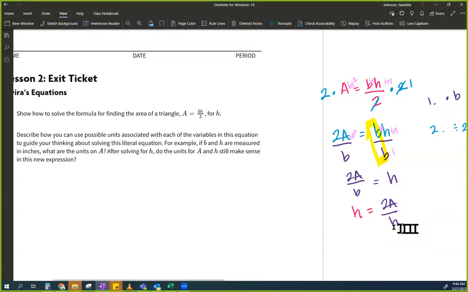Can I ask a question? Would B inches divided by B inches still equal 1? And the answer is yes, right? If you're wondering how that works, let's say you have 15 inches of ribbon, and you're making little bows for the second grade class.